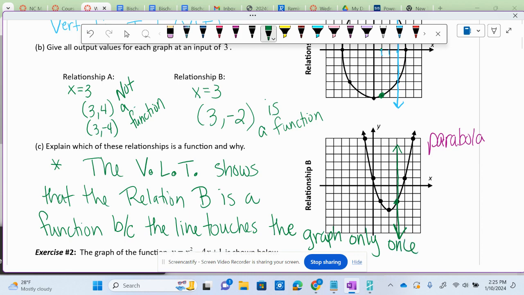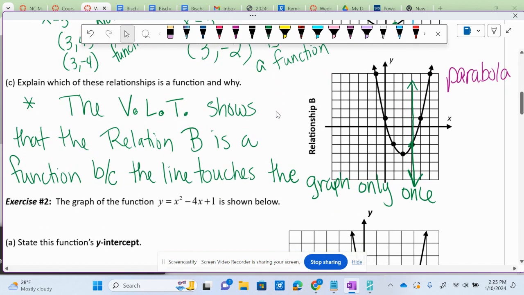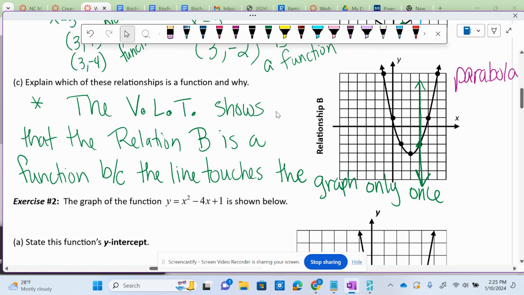I'm going to make it kind of nice and big and freeze that so you guys can see it. Why is it a function? Well, it's a function if the vertical line only touches the graph one time. If it touches it more than once, it's not a function. So I'm going to use that definition of it touches it only once.